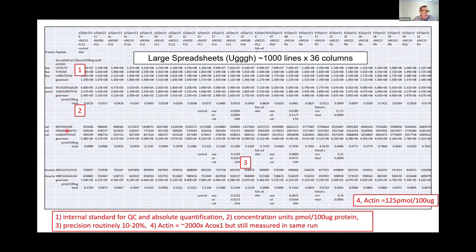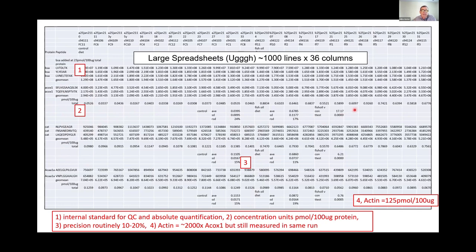And then for all of our analytes, we measure a couple or three different peptides. We take the geo mean, we normalize that up to our internal standard, and we get an actual concentration. And so these things have real meaning and real values to them.